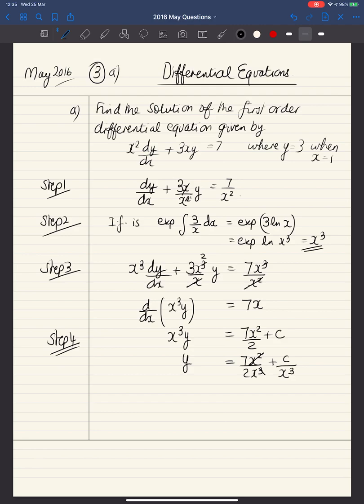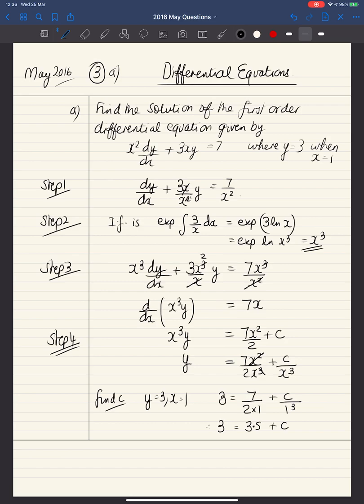So what we can do next is we've got to find c. Now this isn't in every question, but it's in here, so it's step 5. We substitute y is 3, x is 1. So 3 is 7 over 2x, and the x is 1, 7 over 2 times 1 plus c over 1 cubed. Therefore 7 over 2 times 1 is 3.5 plus c over 1 cubed is c.